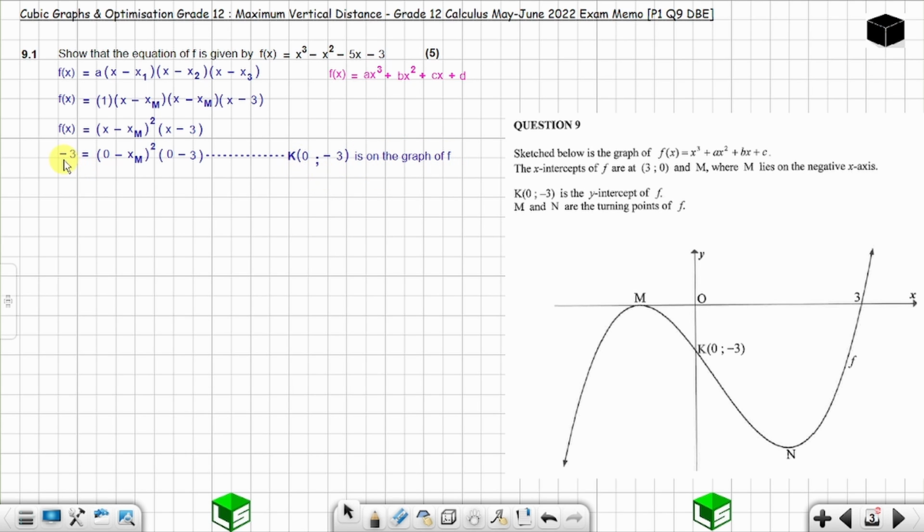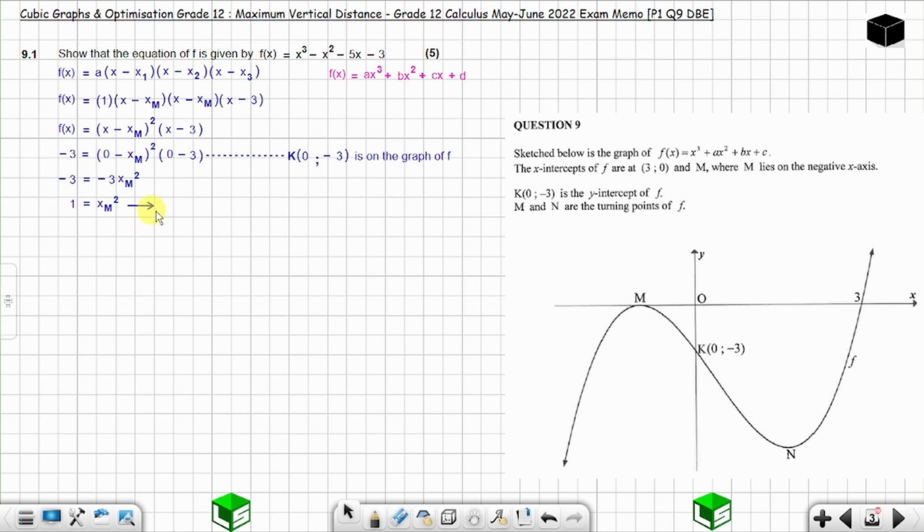Let's carry on. You have negative 3 is equal to negative 3 times xm squared, which is positive. You are going to divide by negative 3 on both sides. You have 1 is equal to xm squared.